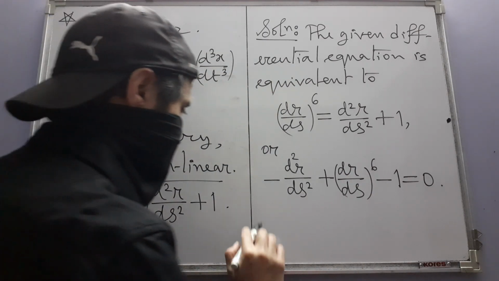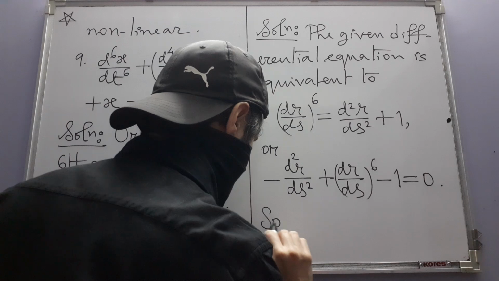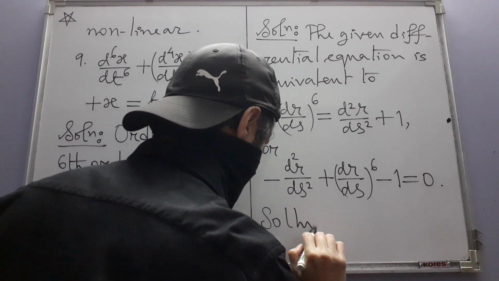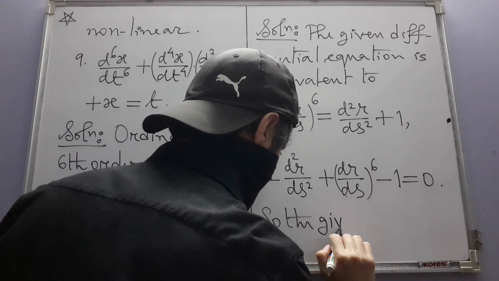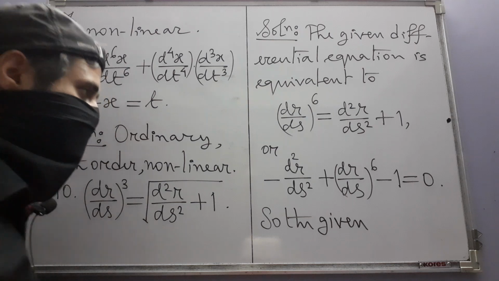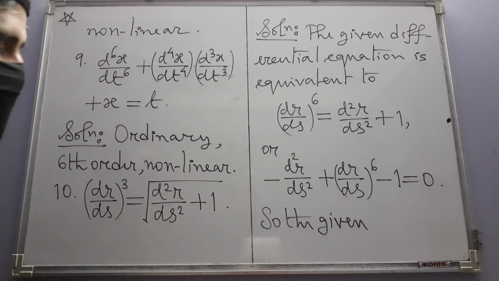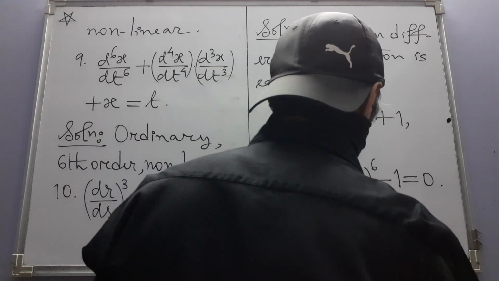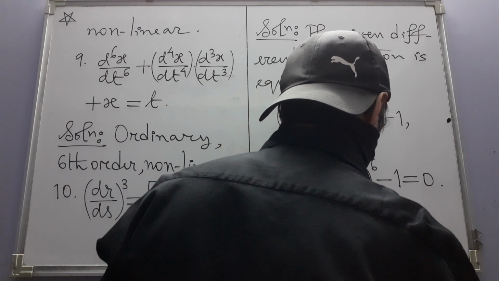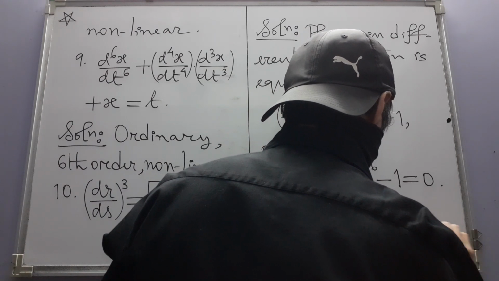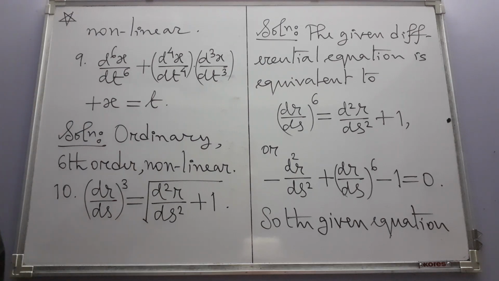Okay. So the given equation, because whatever we are going to say about this equation, the same is going to be true for this one as well, because they are equivalent, is ordinary.